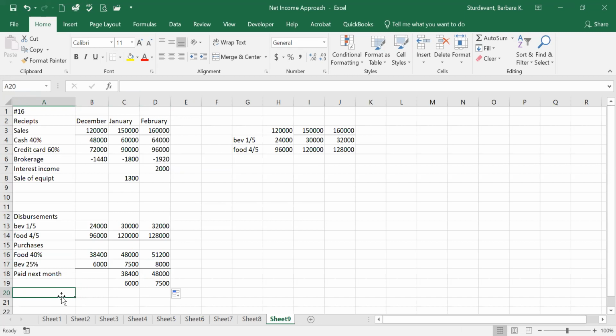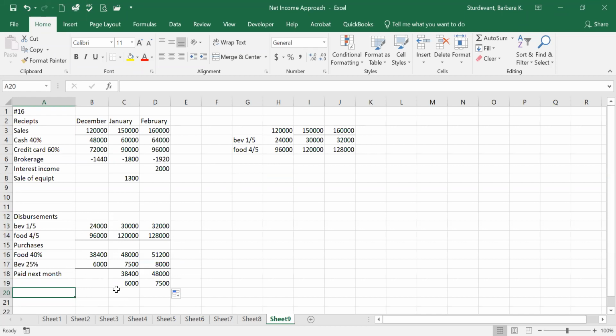All right, so this is like the one that we did. Oh, we did one of these in class one day where we had to split the sales and just figure out the parts. Beverage is usually one part, and then food is usually so many times that part. And so basically what you have is 5 parts. And then you can just divvy them up and then calculate your purchases. And then we're going to pay for them the next month.